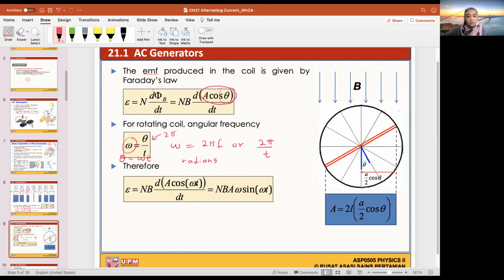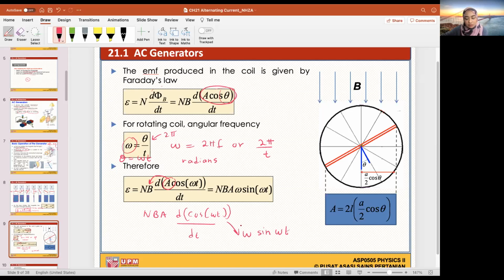And because we said that the change is given by the angle, we can say that the area is constant. You just put it outside. So NBA d cosine omega t over dt. So d/dt is the derivative. The derivative of cosine omega t is omega sine omega t.